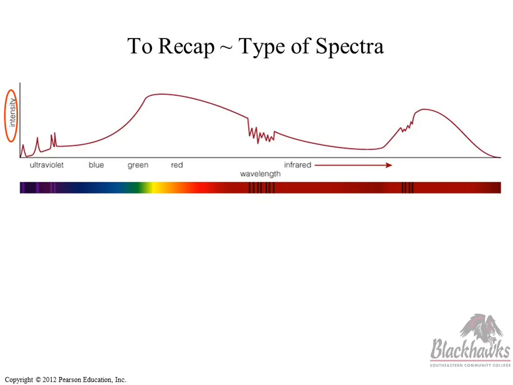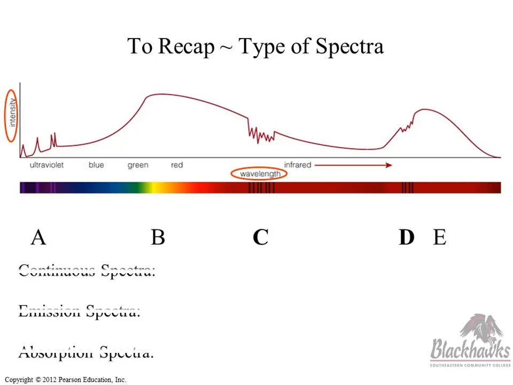Okay. So just to summarize, remember this is a spectra, a fingerprint of something. Along the y-axis is intensity, along the x-axis is wavelength. If we talk about regions A, B, C, D, and E, can you see where continuous spectra would be uninterrupted?